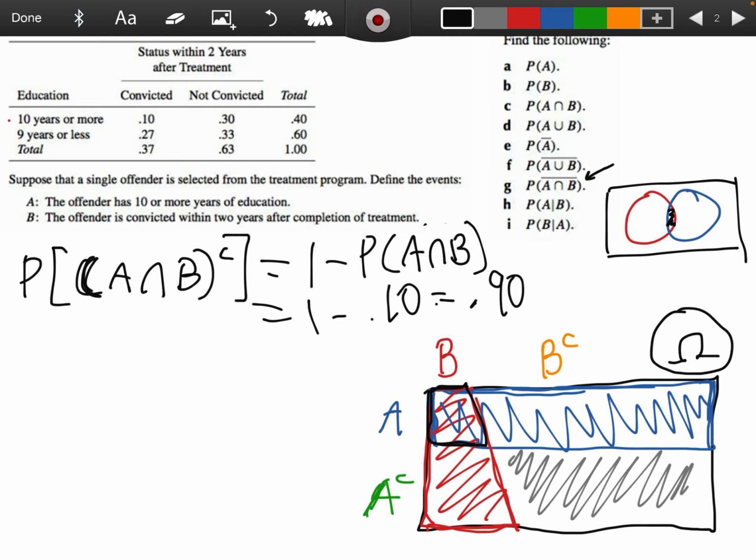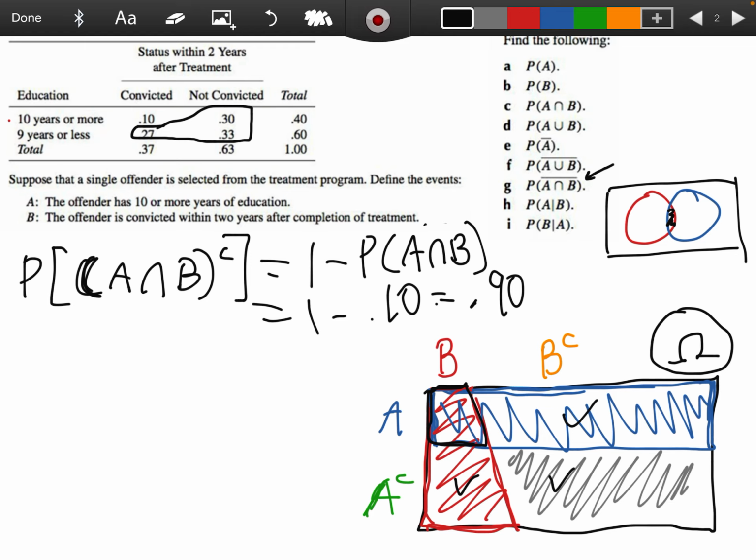And here we can see that the complement of the intersection means you're lying somewhere in here or here or here, which is to say somewhere in the 0.27, 0.33, 0.30. Notice we can add those together.